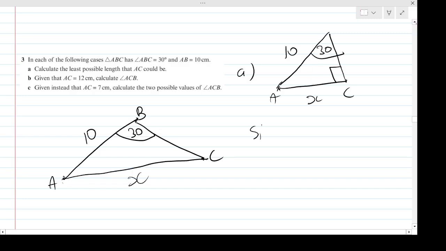So sine 30 equals opposite, which is x, over the hypotenuse, which is 10. Therefore x is 10 times sine 30, and sine 30 is a half, so that'd be 5. So there we are, and that is the shortest length it can be when it forms a right angle triangle.